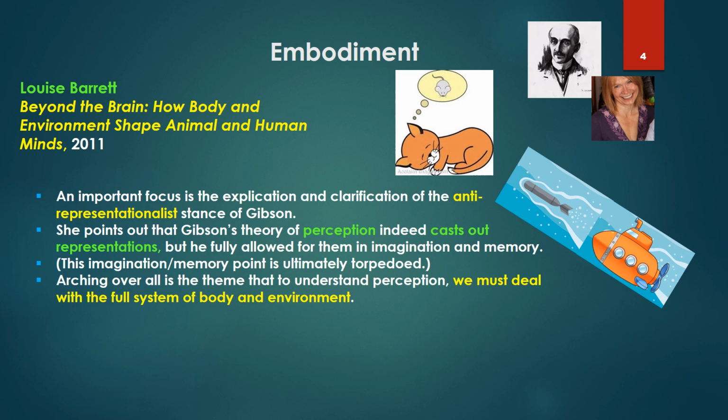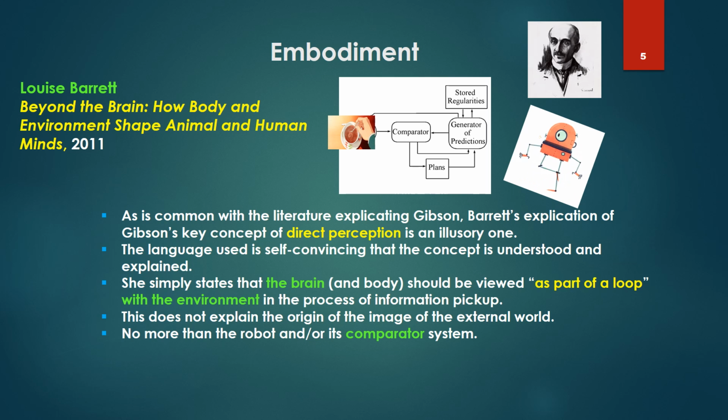Arching over all is the theme that to understand perception, we must deal with the full system of body and environment. Now, as is common with the literature explicating Gibson, Barrett's explication of the key concept of direct perception in Gibson is an illusory one.